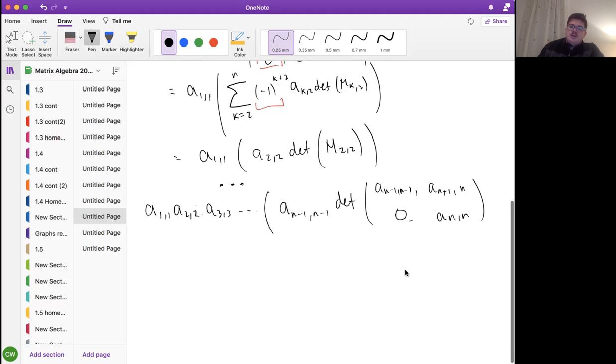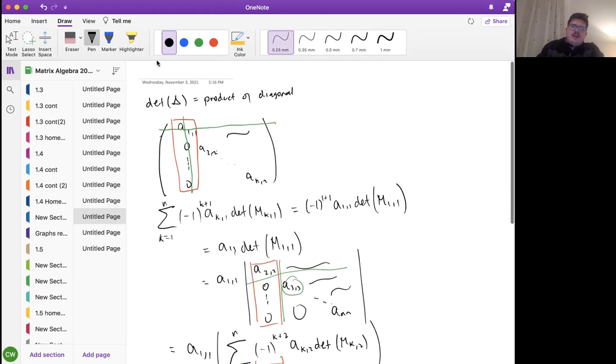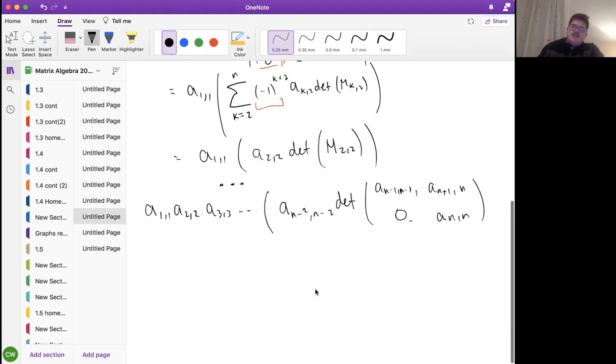Sorry, this would be n minus 2. Yeah, the very last thing would be some 2 by 2 matrix, and it would be a n minus 2 here, right? And then what is the determinant of this?